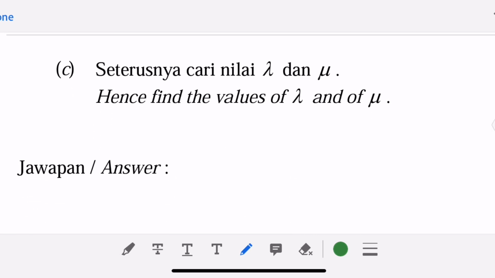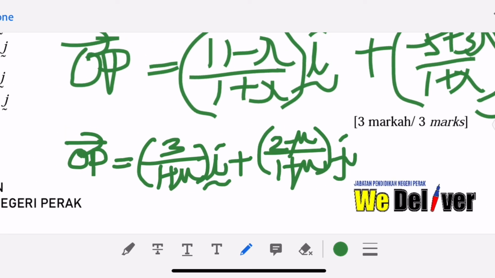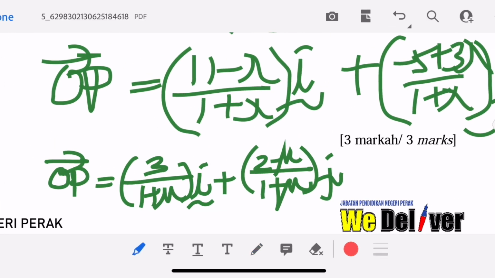For part C, let's see. Hence, find the values of lambda and mu. To find the values, we have two vectors which are exactly the same OP, right? So we are going to solve it like this.